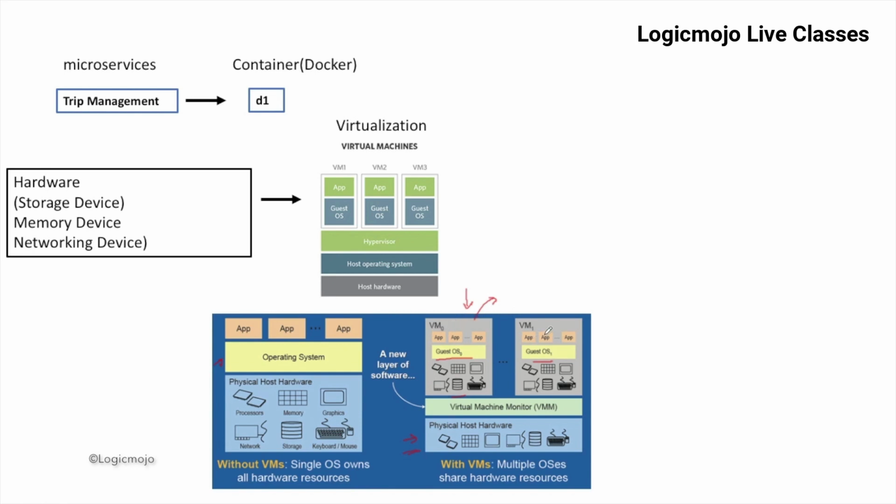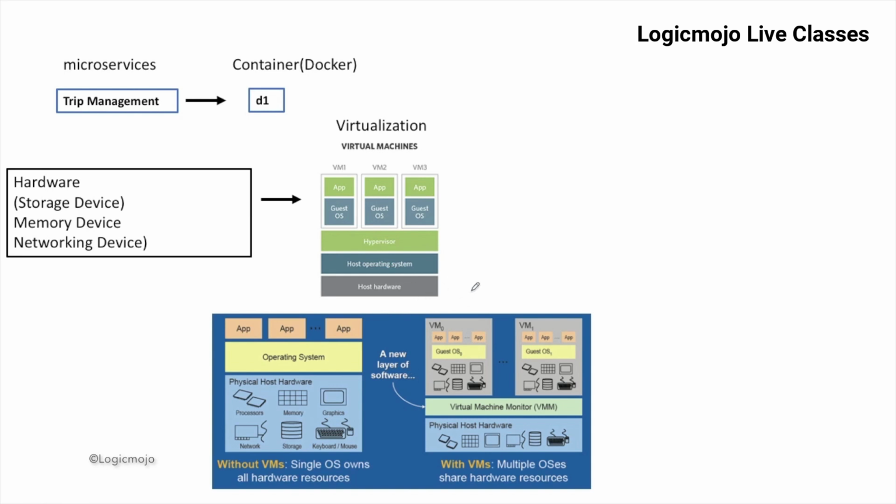So multiple VMs share the same physical resources, and then we can run multiple apps on top of these guest operating systems. This is the physical machine, and these are the virtual machines we are creating on top of the physical hardware. So this is called virtualization.